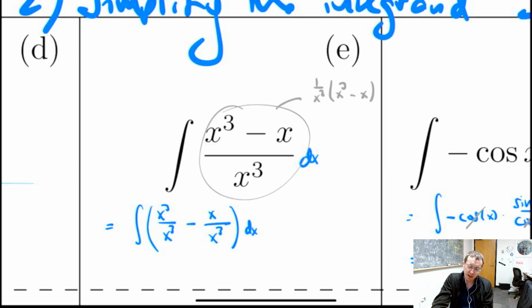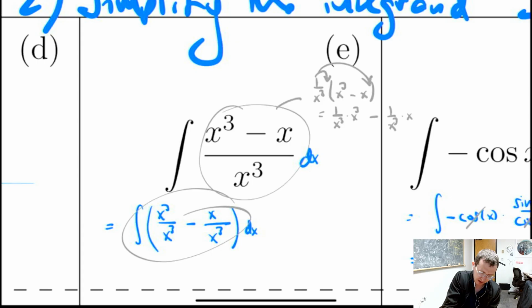While I see a lot of students who aren't quite sure how to cancel or split up this fraction, I think most people are pretty comfortable with the idea that when you multiply something with a sum or a difference of 2 terms, you have to distribute that multiple to both terms. So this becomes 1 over x cubed times x cubed minus 1 over x cubed times x, which is the same thing that I've written down here.